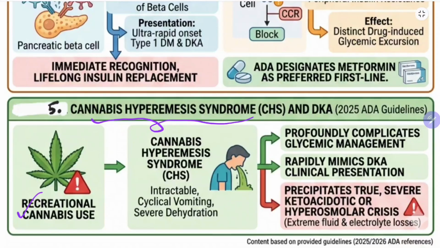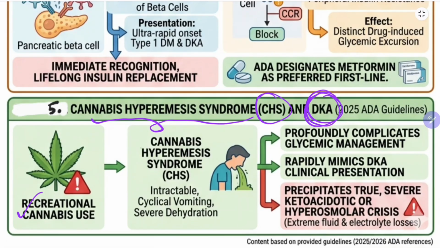If diabetes patients are using cannabis for recreational purposes, the symptoms of diabetic ketoacidosis and cannabis hyperemesis syndrome are similar. That's why clinicians may recognize it late. There can be a delay in recognizing diabetic ketoacidosis, and the patient may end up with diabetic ketoacidosis.